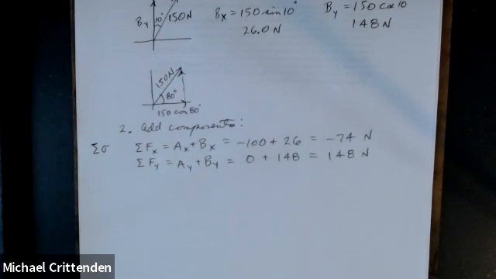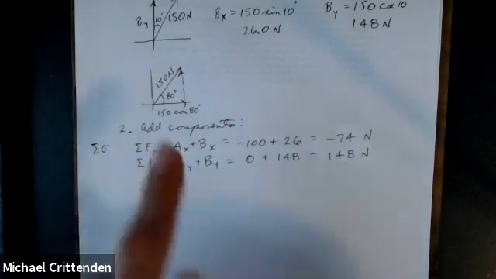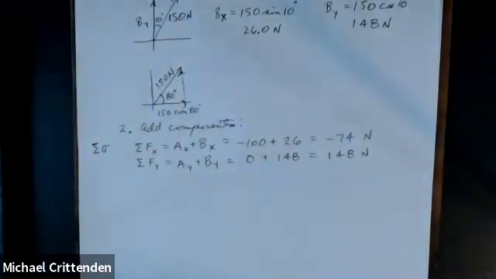Now, describing a vector by giving its components is a perfectly legitimate way of doing it. Basically, there are two different ways of describing a vector. You can tell somebody its magnitude and direction, the length of the arrow and which way it points, or you can tell them what its x and y components are. And a lot of times people do that because it's more convenient.